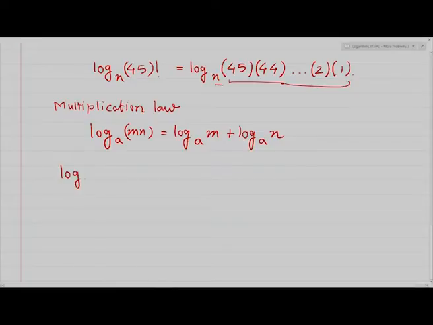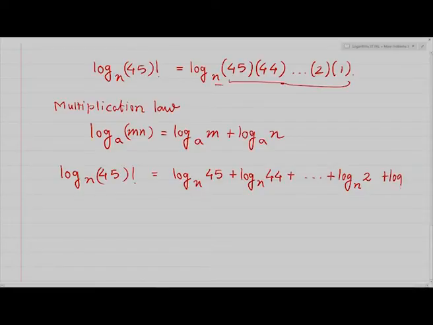Log to the base n of 45 factorial is equal to log to the base n of 45 plus log to the base n of 44 plus and so on plus log to the base n of 2 plus log to the base n of 1. Okay.